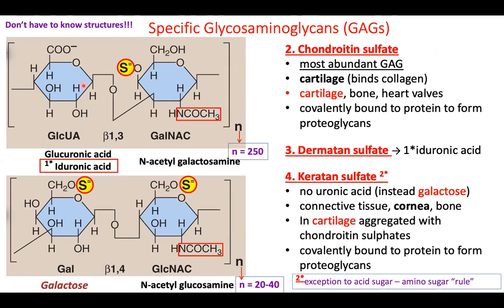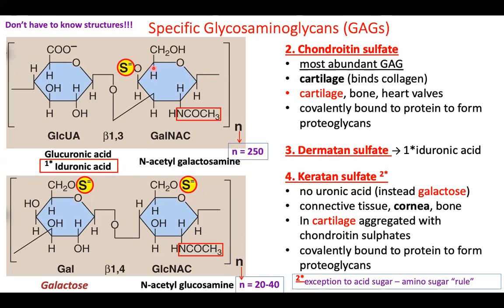And then they are just showing you the structures over here. I do want you to pay attention to these sulfurs. You don't have to memorize these structures, obviously, but I just want you to be familiar with these sulfurs, because when we go over the enzyme deficiencies later, if you're at least familiar with the structures, you'll be able to recognize which sugars are being affected based off of where the sulfurs are.